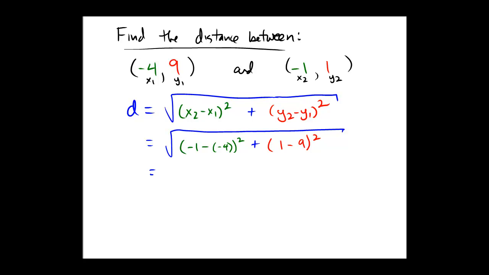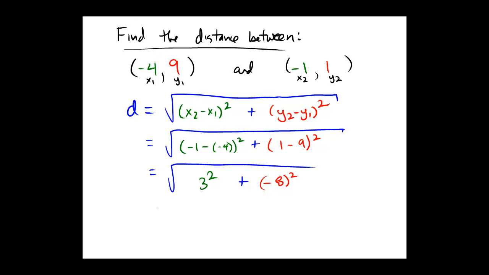What is this equal to? Well, -1 minus -4 would mean we're adding 4. -1 plus 4 is 3, squared, plus 1 minus 9 is -8, so we would end up over there getting a -8 squared.